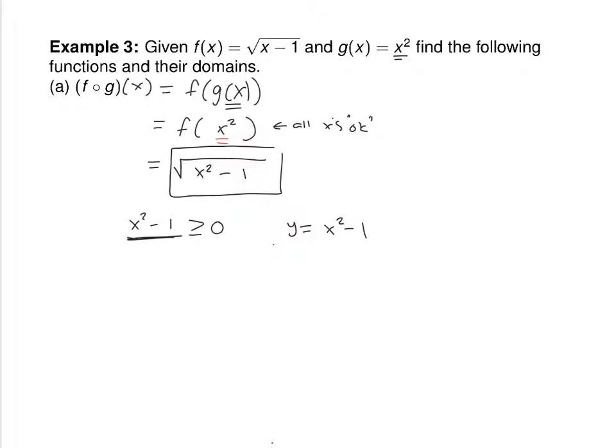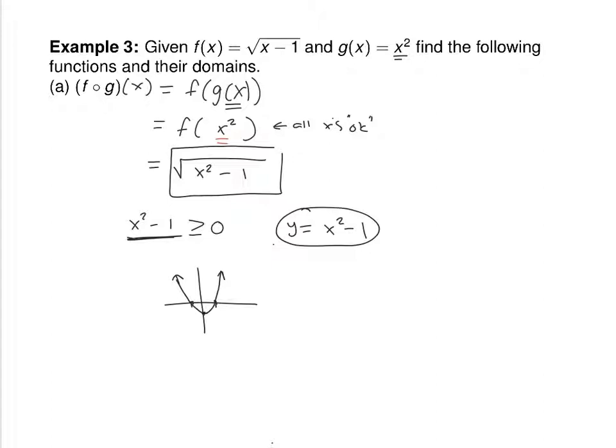So it's a parabola that's been moved down 1, and it crosses the x-axis at plus or minus 1, right? So that's a graph of the thing that is being square rooted. And you can only square root positive numbers, right?